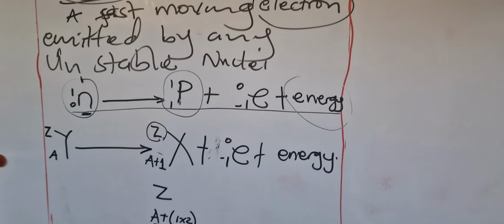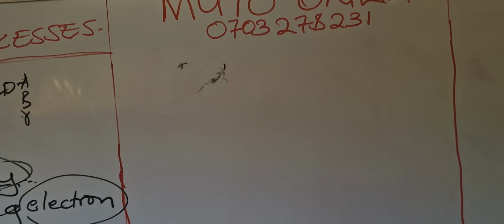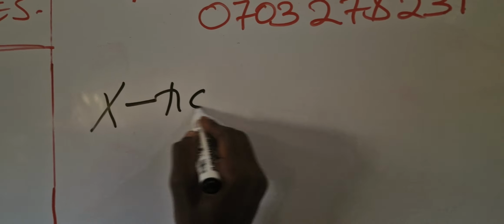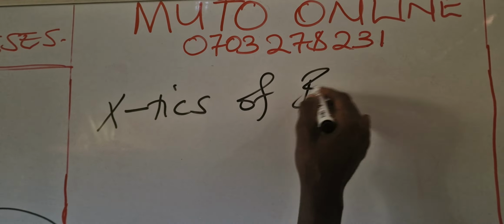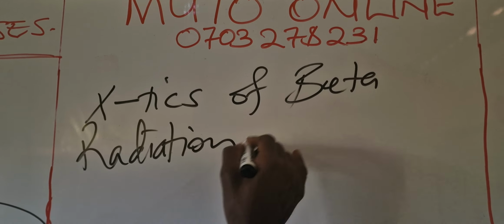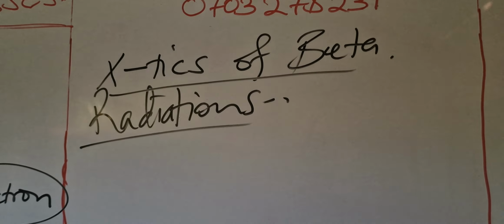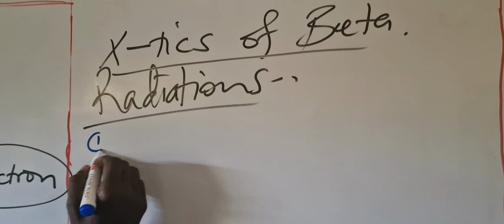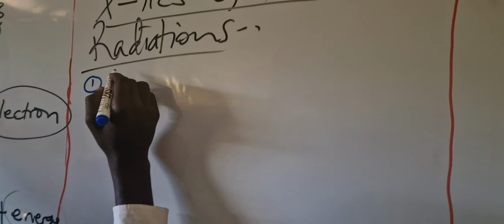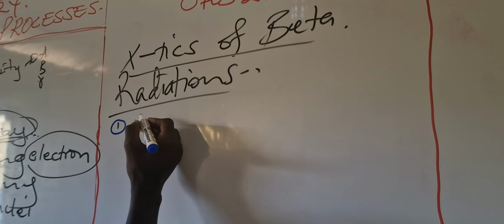So these beta radiations have some properties. When we compare these beta radiations, we say the alpha radiations, they are helium nucleus.